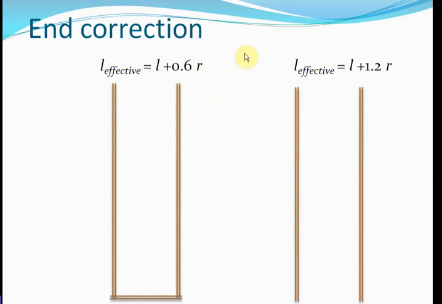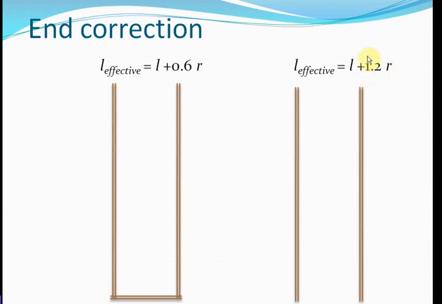Similarly, in case of an open organ pipe, in V by 2L, 2V by 2L, 3V by 2L, you will consider the length to be L plus 1.2 times the radius of the organ pipe. Why 1.2 times? Because 0.6 times the length will increase here and 0.6 times the length will increase here. So 0.6 plus 0.6, 1.2 times the radius of the pipe.